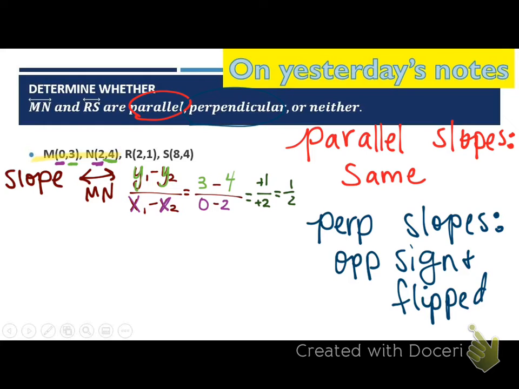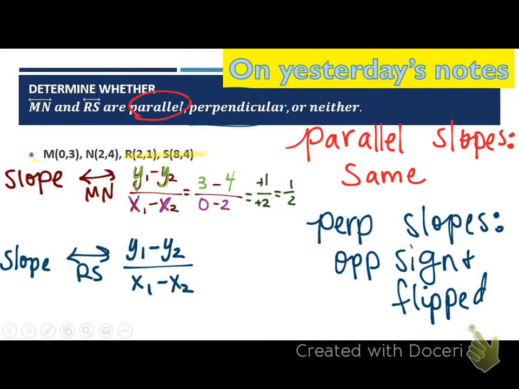We're going to find the slope of the second. It's the slope of RS. So this time we're looking at points R and S. So what's my first y? 1.